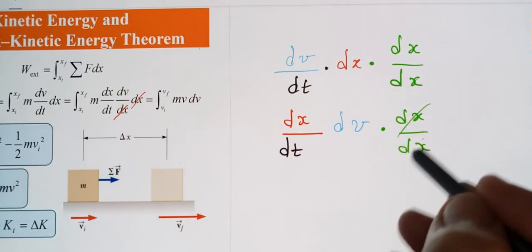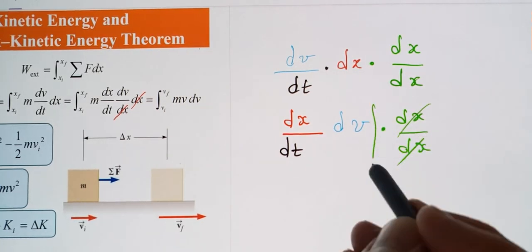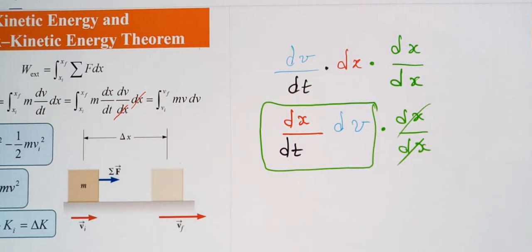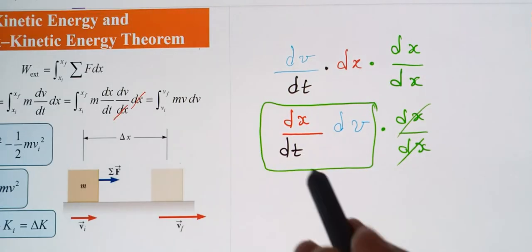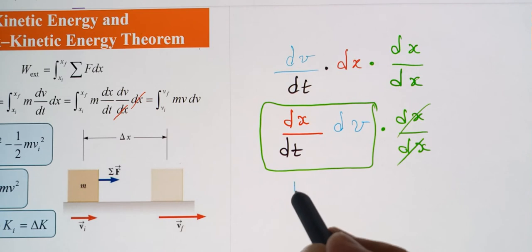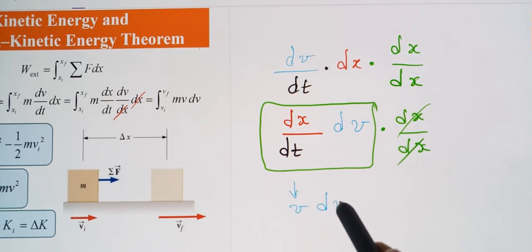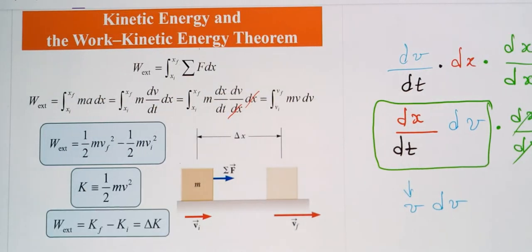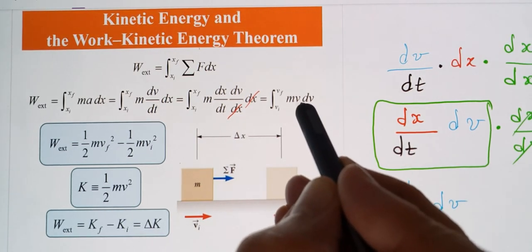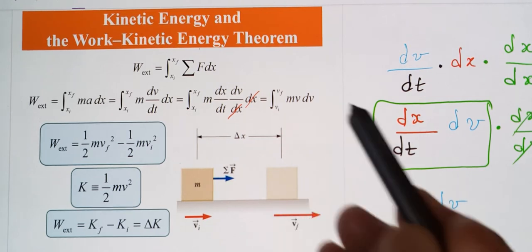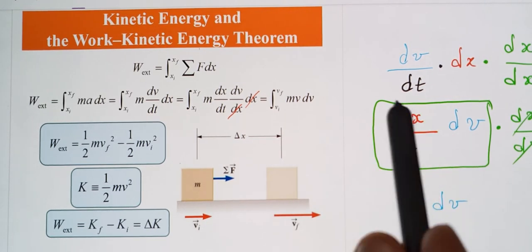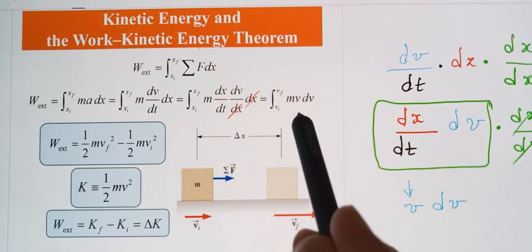So this will disappear with this, and I end up with this. This is dx over dt, so that's a v and dv. So we end up with the integral of mv dv. What's the integral? It's the same trick that we use. It's v squared over 2.